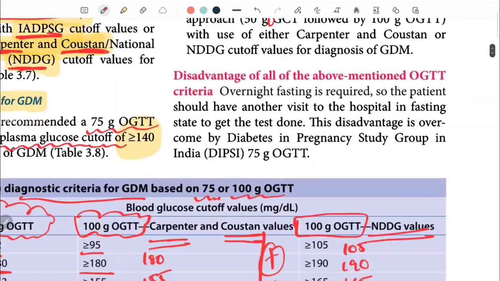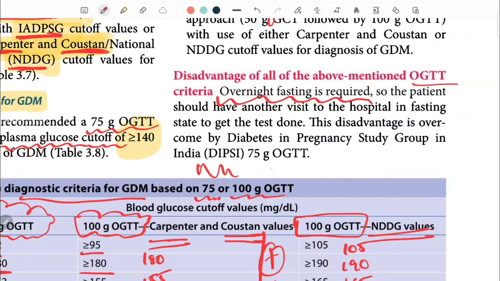So what are the disadvantages of all the above mentioned OGTT criteria? Overnight fasting is required, that is a disadvantage. The patient should have another visit to the hospital in a fasting state to get this test done. This disadvantage is overcome by DIPSI.